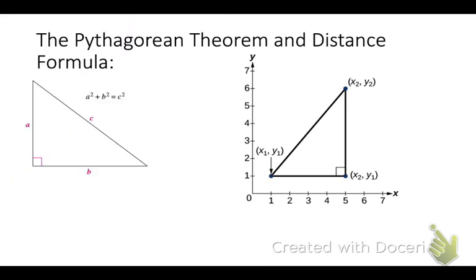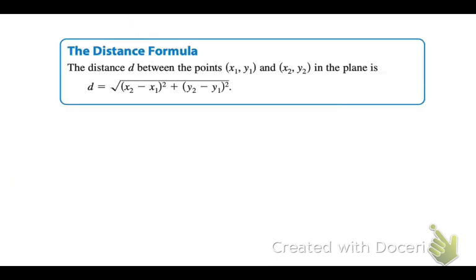Okay, so distance formula. Make sure you guys have that written down. So the same thing that we just had there. Your distance formula is d is equal to the square root of x sub 2 minus x sub 1 squared plus y sub 2 minus y sub 1 squared.